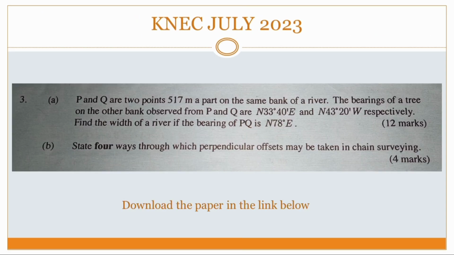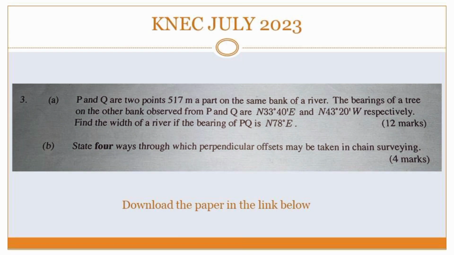Let's go ahead and see the question. That is KNEC July series 2023, Question 3A. It reads as follows. P and Q are two points 517 meters apart on the same bank of a river.